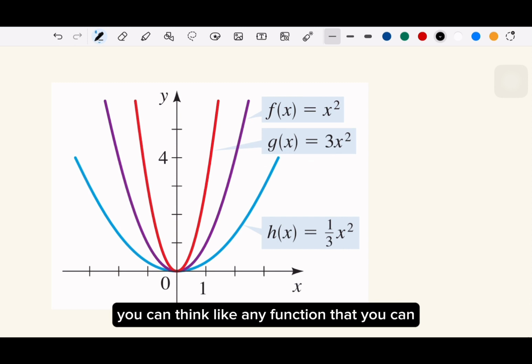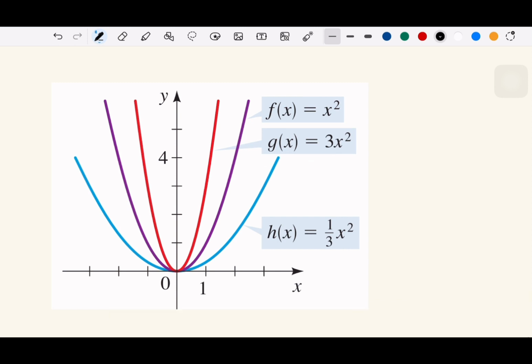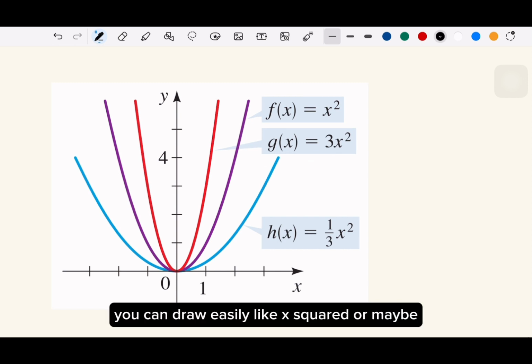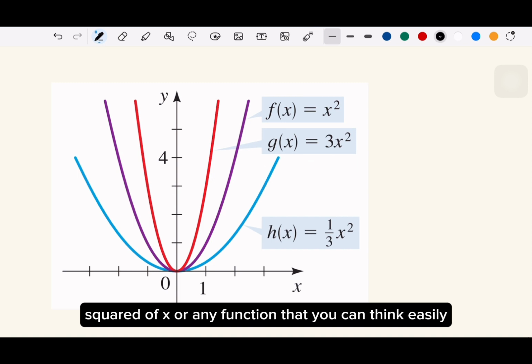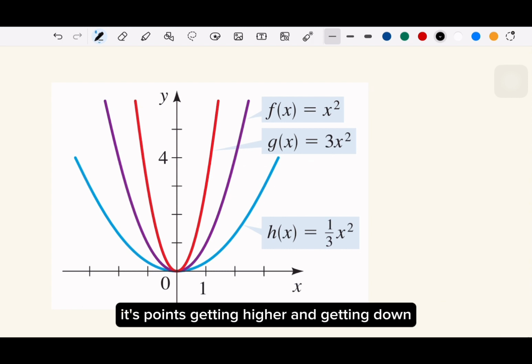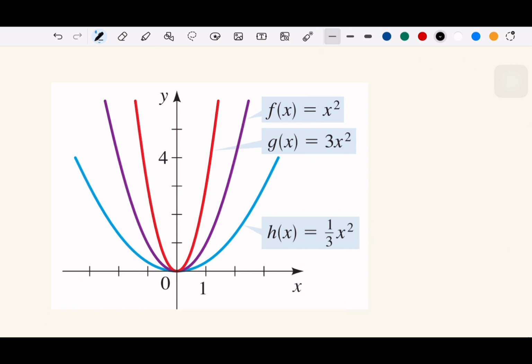You can think of any function that you can draw easily, like x squared or the square root of x, and you can just multiply them and check the points. If the points are getting higher or getting lower, you can think, oh, it's stretching, oh, it's shrinking. Okay, as easy as that.